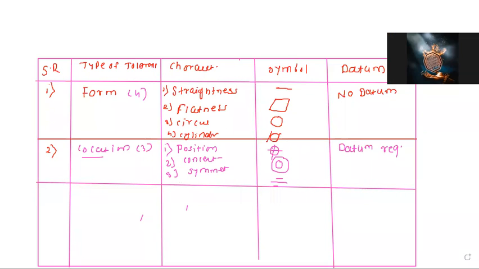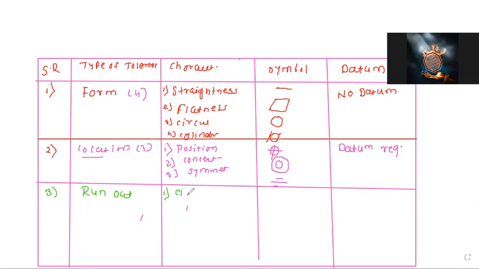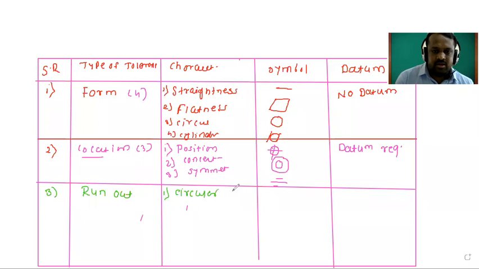Third is the runout. Here again there are two types: circular runout and total runout. Circular runout means we check at one point, and total runout means we check throughout the shaft.